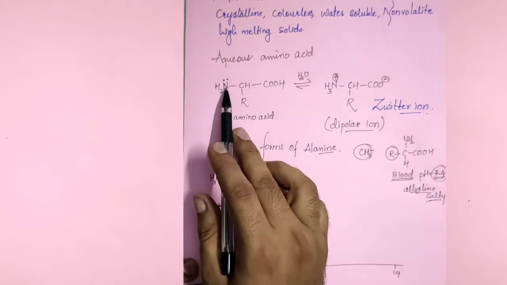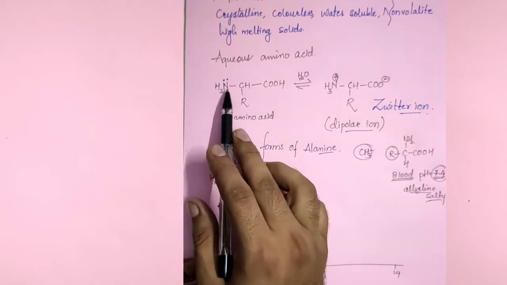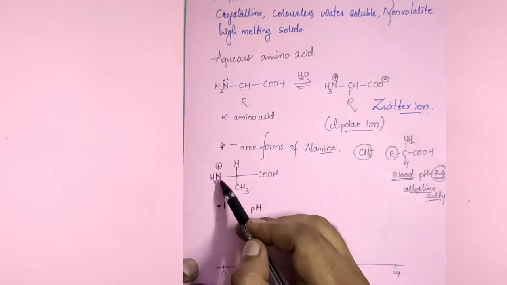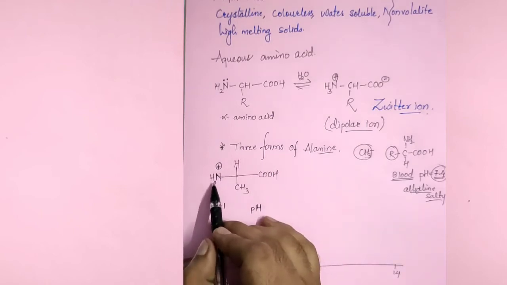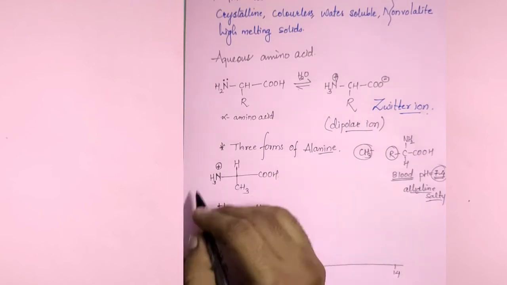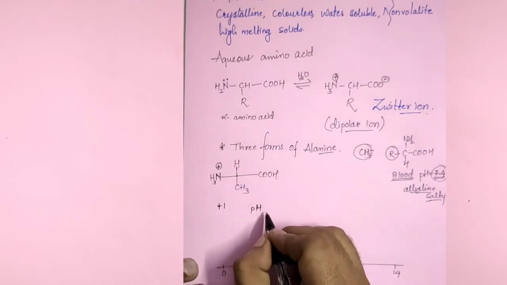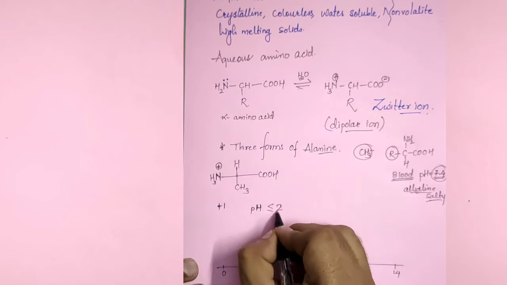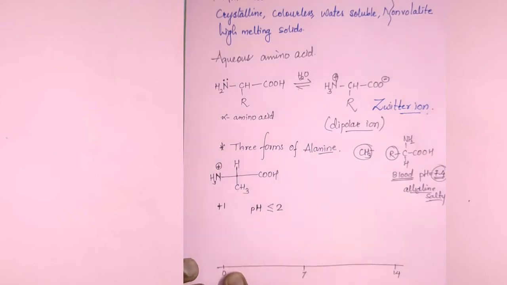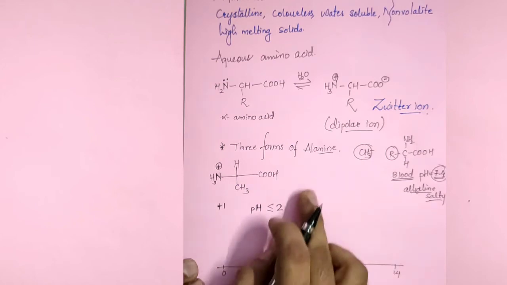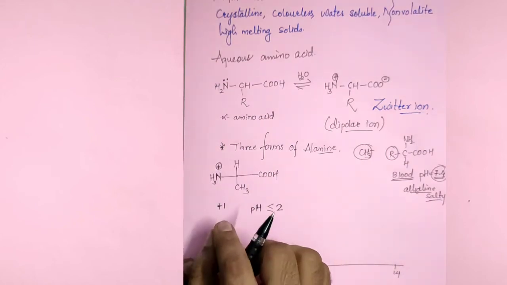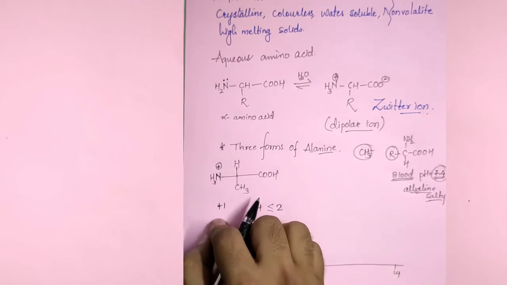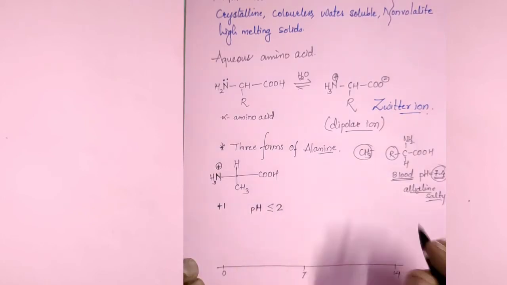Before accepting the proton, the nitrogen, NH2, was base. After accepting the proton, now this NH3 becomes proton donor. So that is why the pH of this compound was found to be less than or equal to 2, somewhat over here. That is why the pH is less. That means this molecule will be acidic in nature. Now we will see the other molecule.